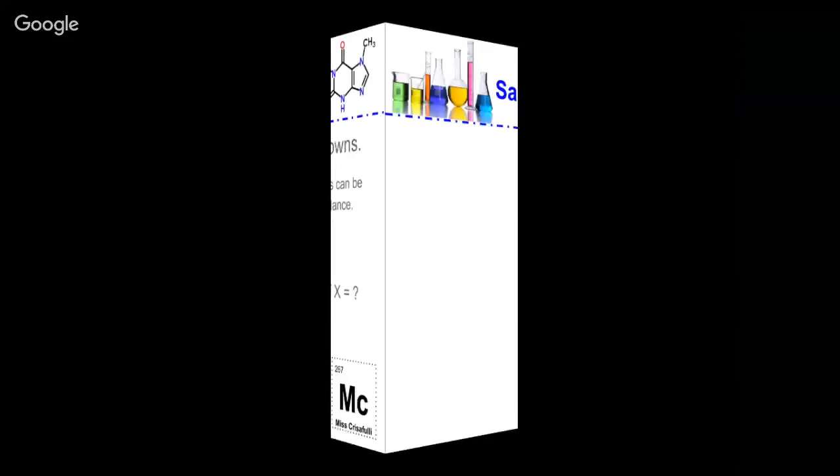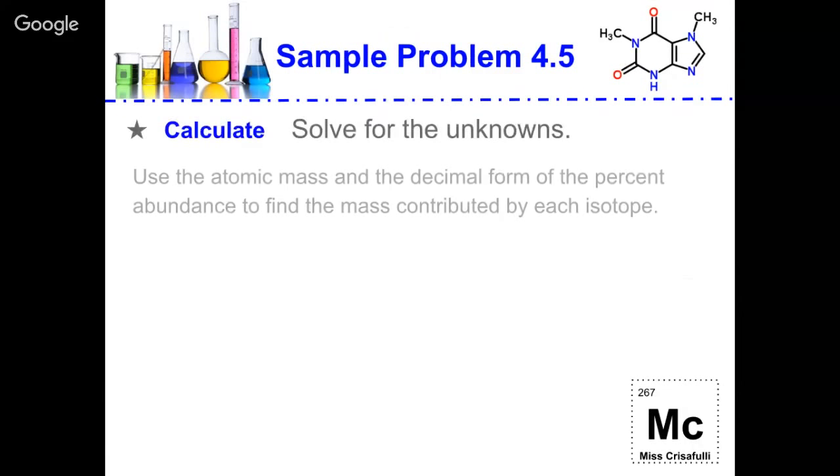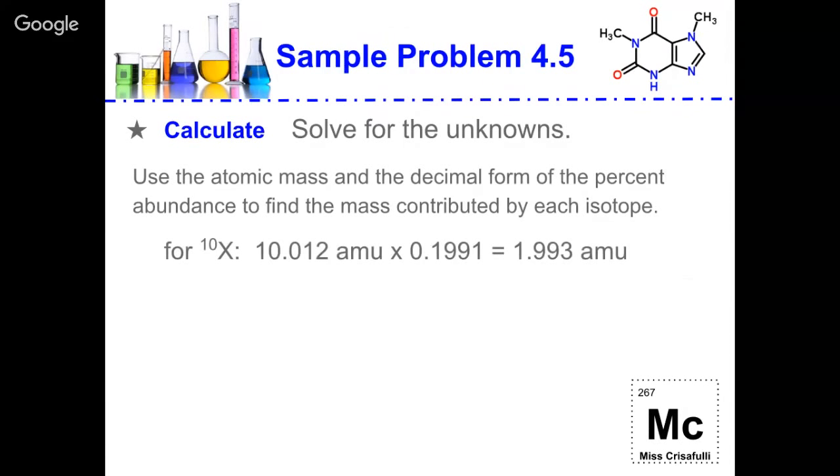So to start solving it, we're going to calculate the mass that is contributed from each isotope. So for the X isotope with a mass of 10, if we were to take the mass of that isotope times its percent, we'd get 1.993 AMU. And we could do the same thing for the other isotope.